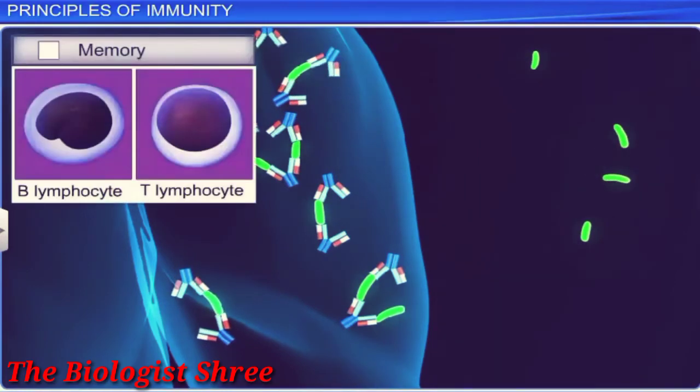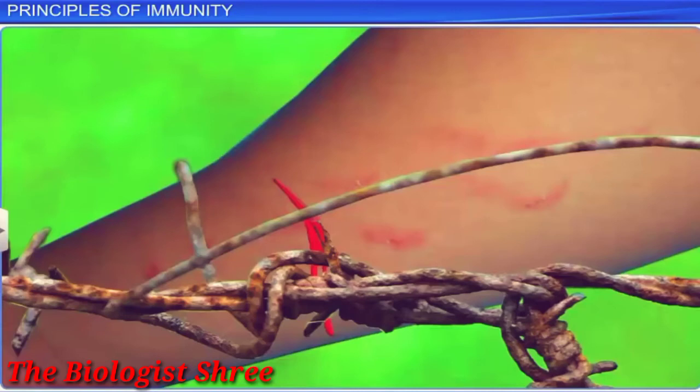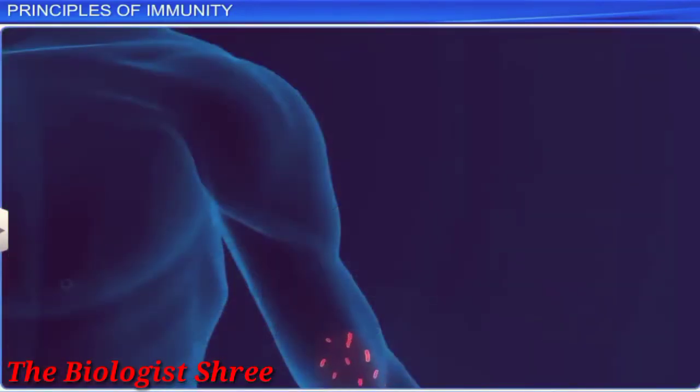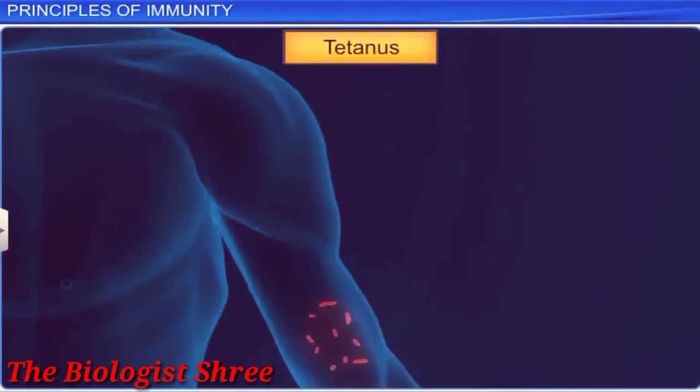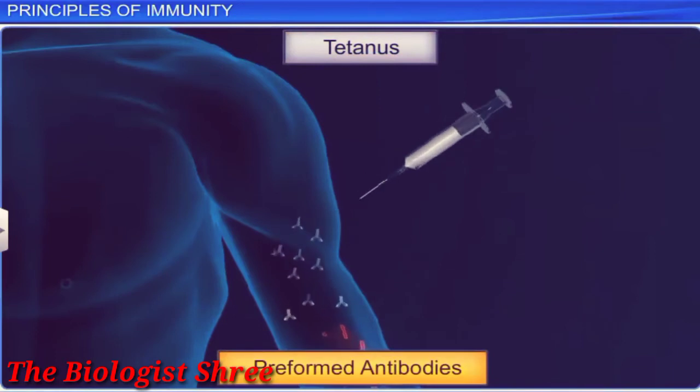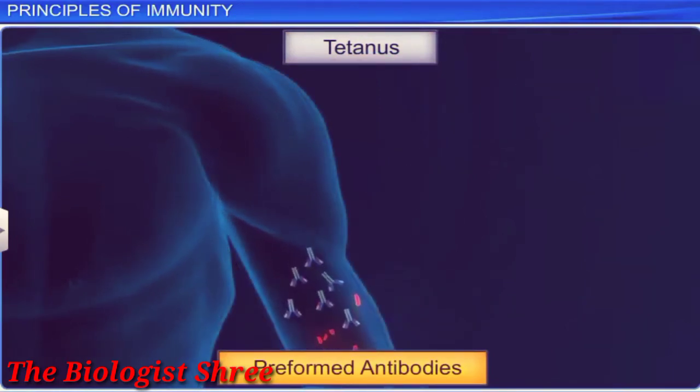Vaccines generate memory, which enables B and T cells to recognize the pathogen quickly and produce an army of antibodies in response. Sometimes, when a quick immune response is required, for instance during a tetanus infection where the body is infected with deadly microbes, preformed antibodies are injected into the body.